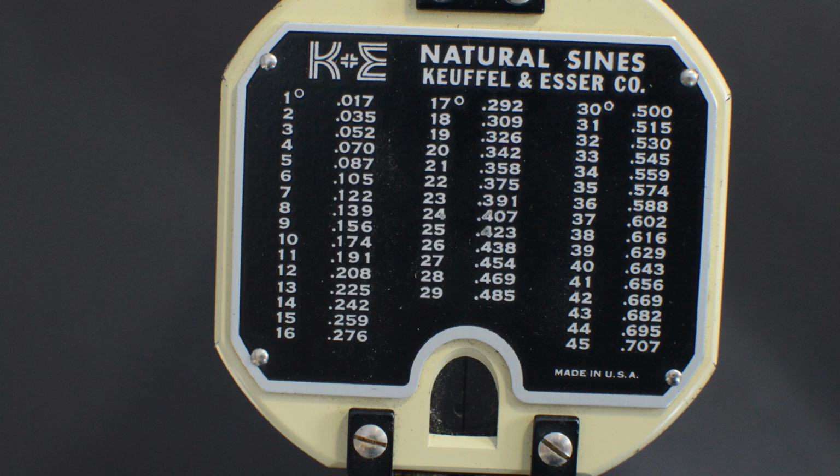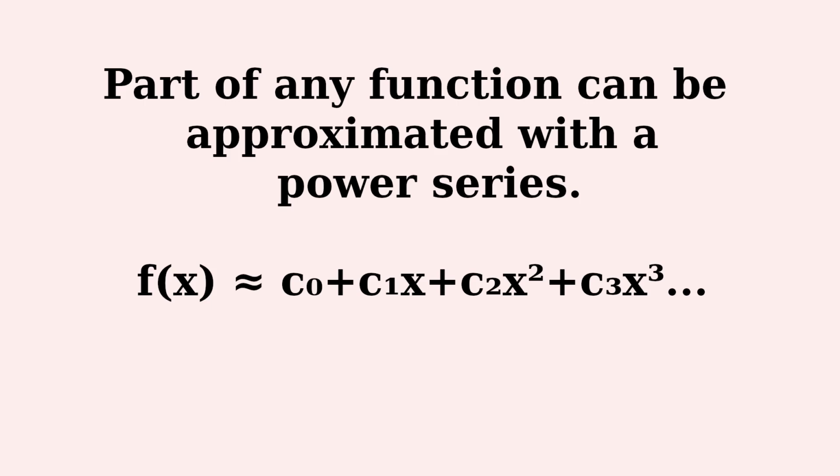Making a table with the machine would first involve finding a proper polynomial function, something of the form y equals c sub 0 plus c sub 1 x plus c sub 2 x squared plus c sub 3 x cubed, etc. The proper polynomial function would accurately approximate the desired function in the table.